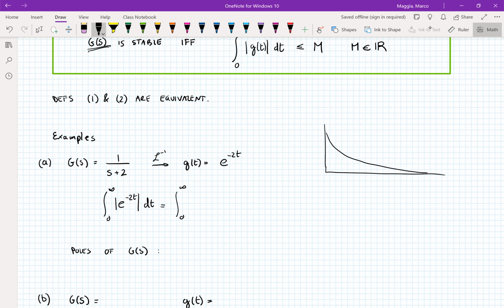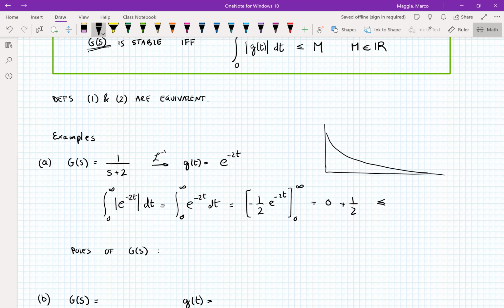So we can simply calculate the integral from 0 to infinity of its argument. And this is simply equal to minus 1/2 times e to the power of minus 2t integrated from 0 to infinity, which gives us 0 minus minus 1/2, so it's plus 1/2. And so this is definitely a finite number, so m can be taken to be equal to 1/2. 1/2 is a real positive number, so the system is stable.